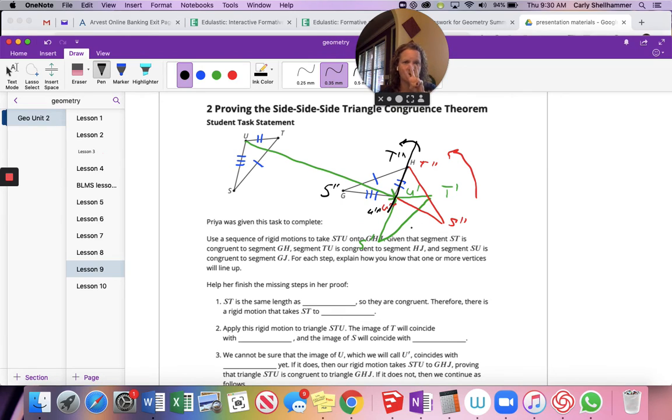All right, so 3 transformations, and I got my STU triangle to coincide with my GHJ triangle.